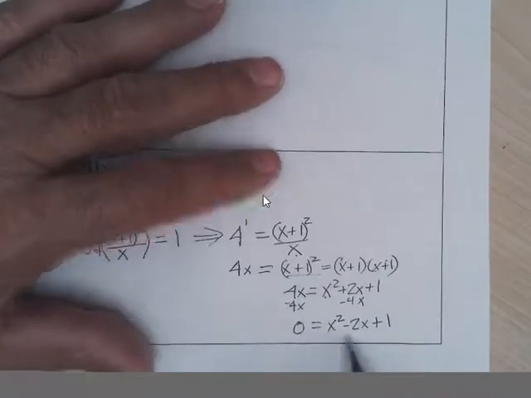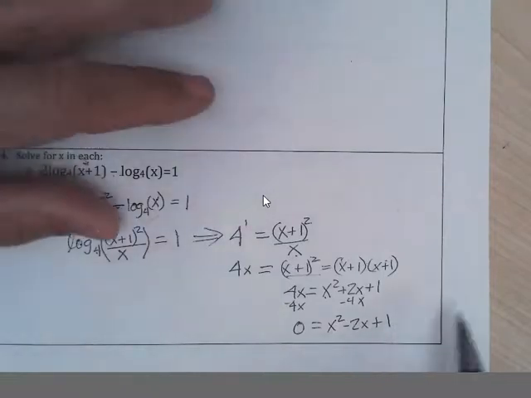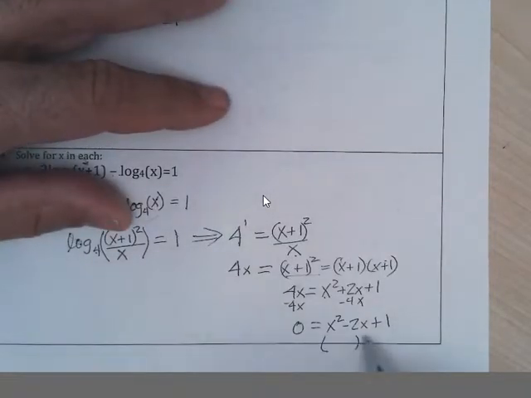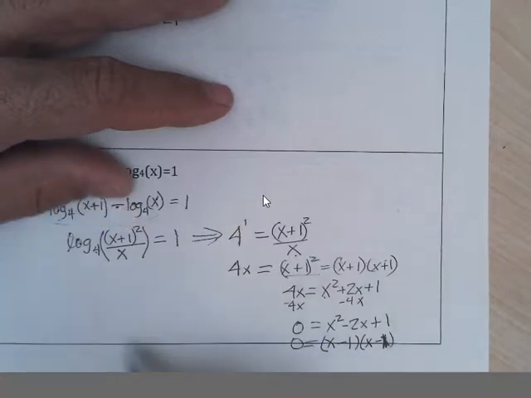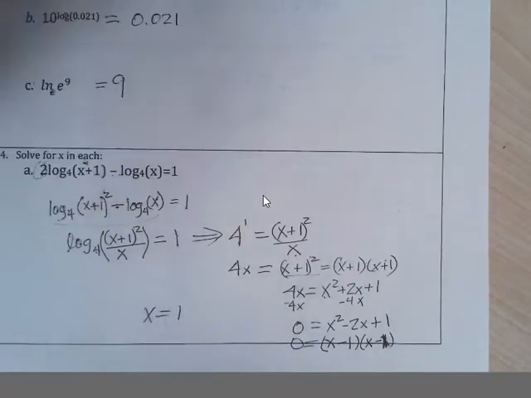And then you can graph that. You can use the quadratic formula, or you can factor it to find out what makes it 0. x minus 1 and x minus 1. So that means x would have to equal 1.